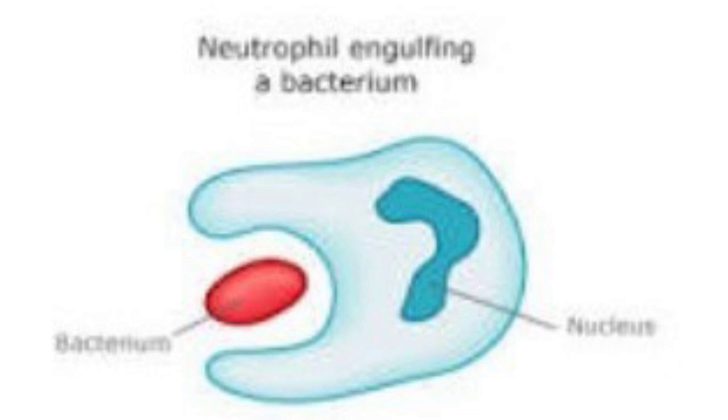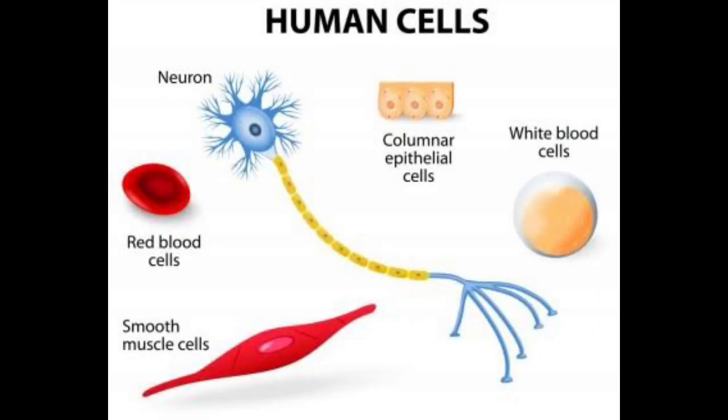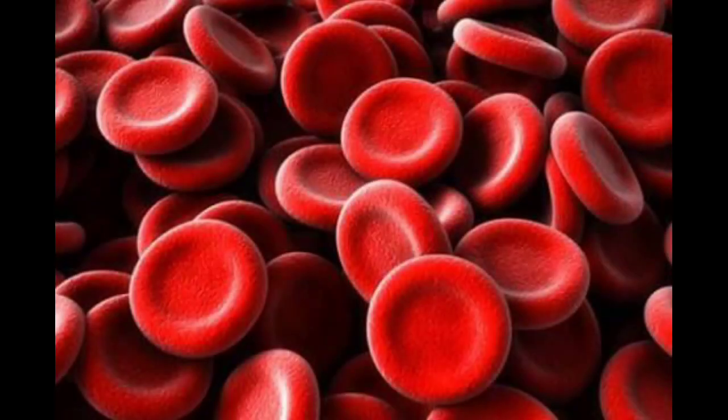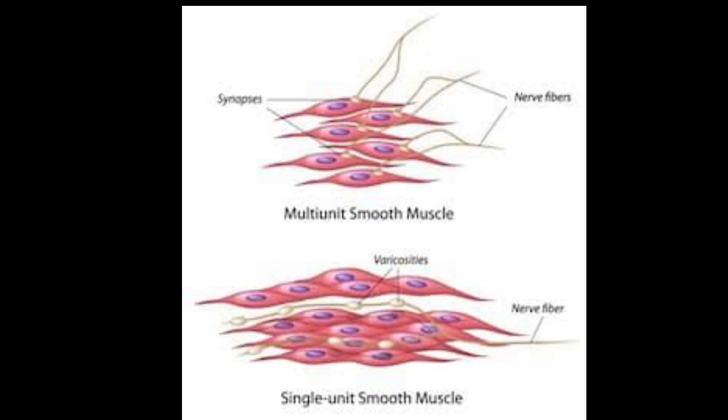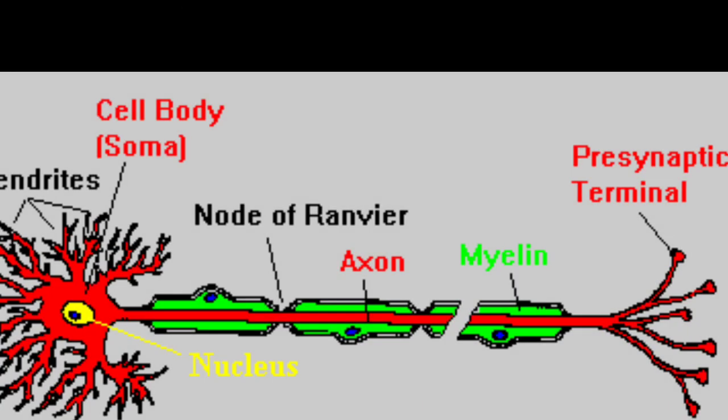Generally, cells are round, spherical or elongated. Example: RBC of human blood. Some cells are long and pointed at both ends. They exhibit a spindle shape. Example: muscle cells. Some cells are quite long and branched. Example: nerve cell or neuron.